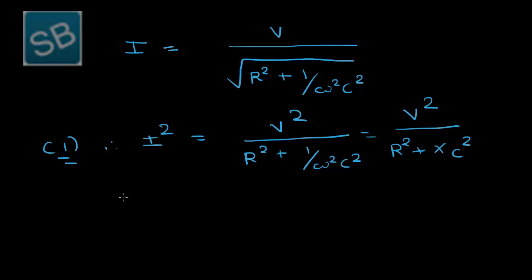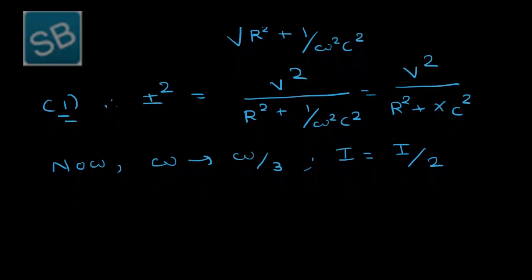Now, in the second case, the value of omega is reduced to omega by 3, and hence the value of current is now half. So it is I by 2, and therefore now I can apply this equation.